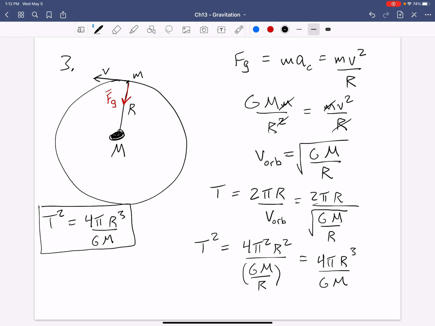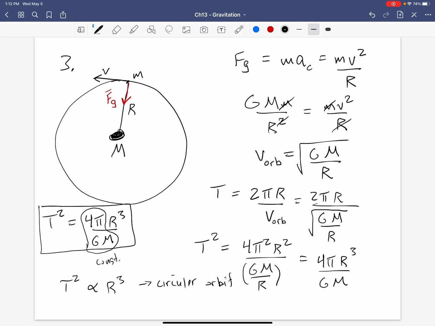Another thing to realize is that all of this right there is constant. And so this is why we can say that the period squared is simply proportional to r cubed, and this is for a circular orbit.